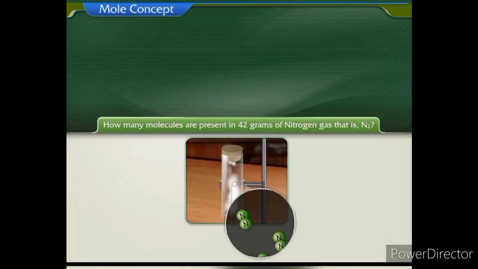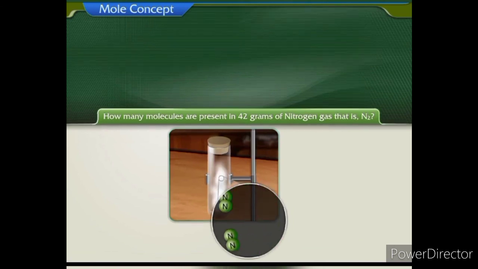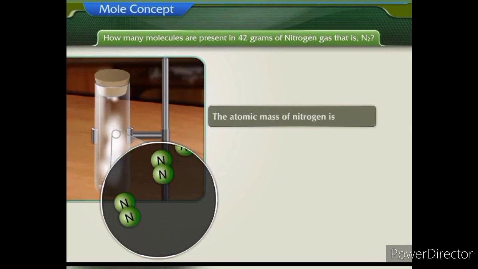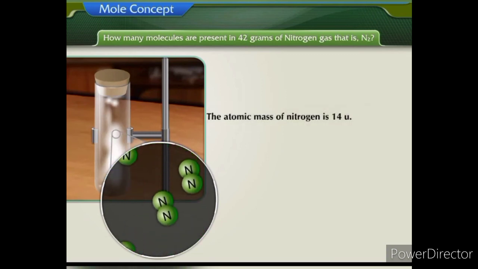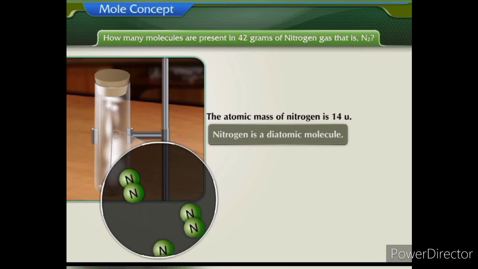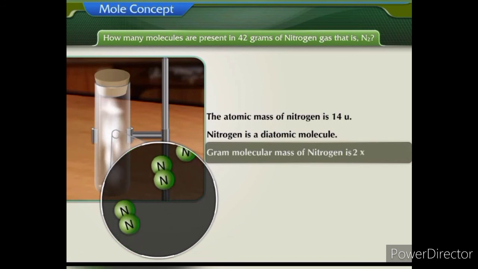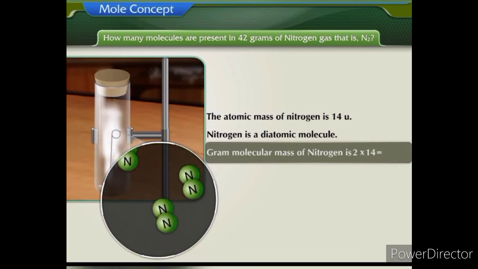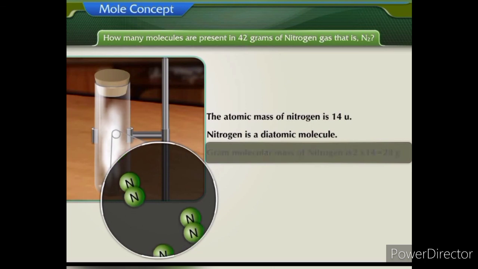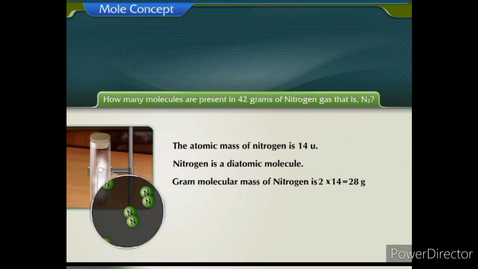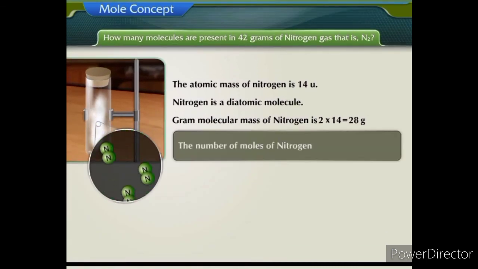How many molecules are present in 42 grams of nitrogen gas, that is N2? The atomic mass of nitrogen is 14 units. Nitrogen is a diatomic molecule. The gram molecular mass of nitrogen is 2 multiplied by 14, which is equal to 28 grams. How many moles is 42 grams of nitrogen gas? The number of moles of nitrogen is equal to the mass in grams divided by the molecular weight.